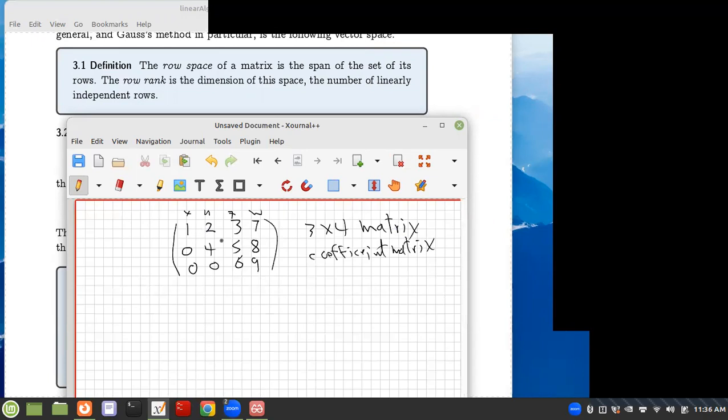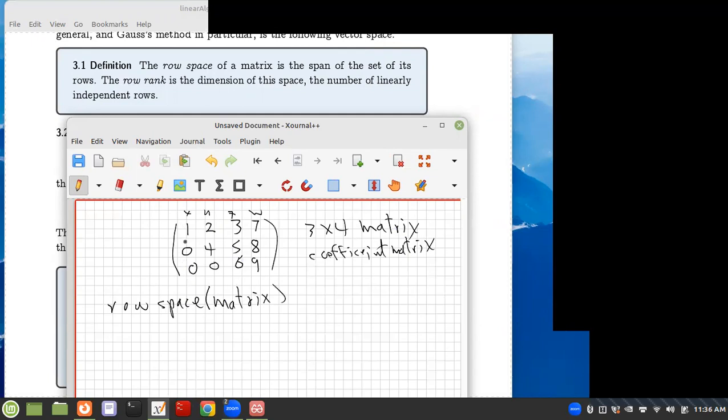Okay, well, now, if it's an echelon form, it turns out I can consider the row space. The row space of the matrix is basically just the linear combinations of all the rows.